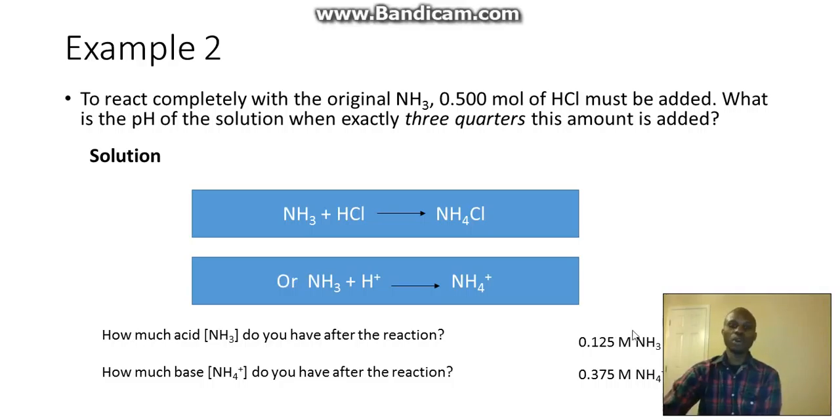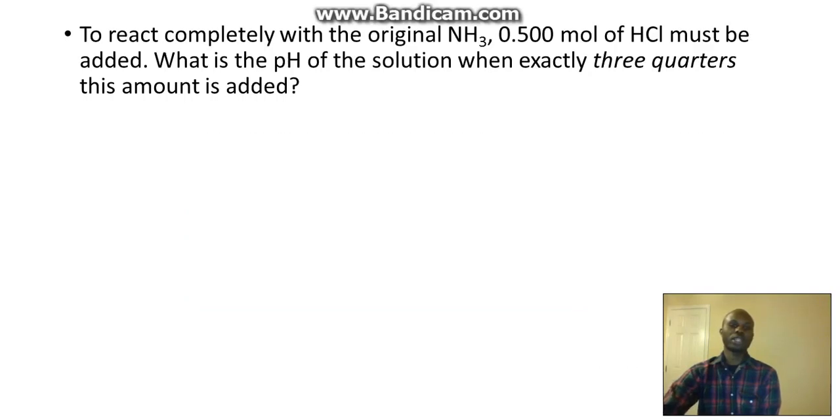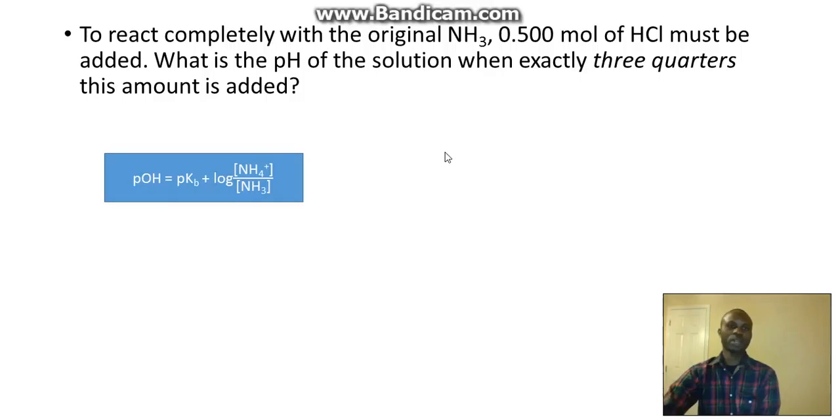So we know, having this information, it's just a matter of plugging it in our Henderson-Hasselbalch equation. So this is just the equation again. We are continuing. pOH is given by pKb plus log of NH4+ over NH3.